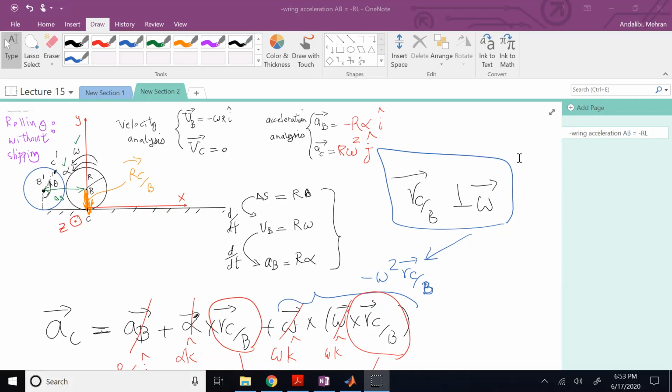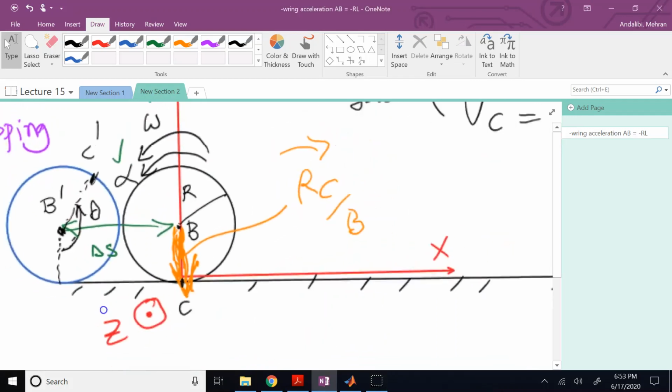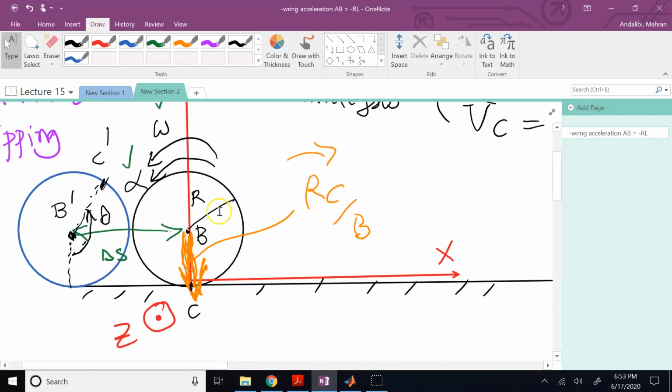So what you need to do basically is to draw the disk in two positions that are extremely close to each other. Okay, very, very close. In other words, your time dt should go to 0, very small. And then draw point C on both of those disks and then compare.